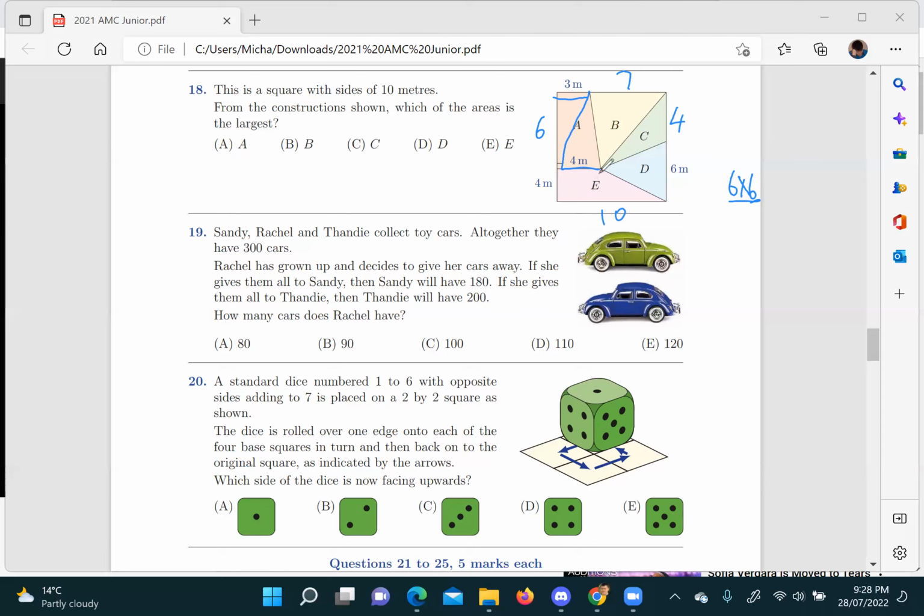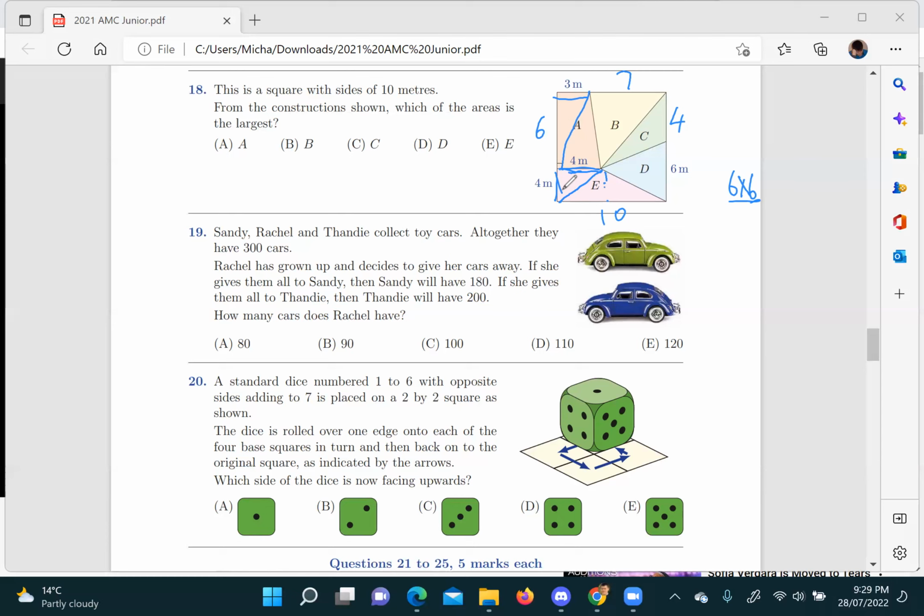And E is a trapezium, but if you don't know how to do trapezium, you can just do two triangles. So, for example, this triangle here has base 10 and height 4, right? And this triangle here has 4 and 4, you know? Okay, so what is the area? So it's 4 times 4, which is 16 divided by 2, plus 4 times 10.